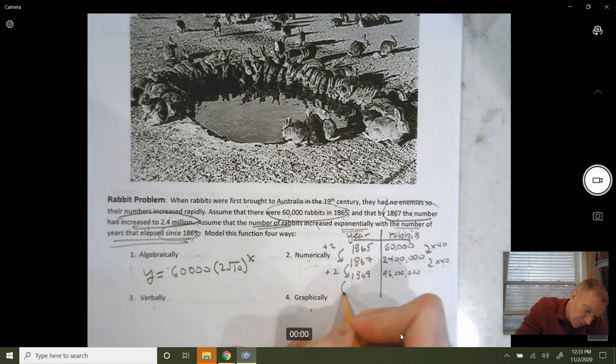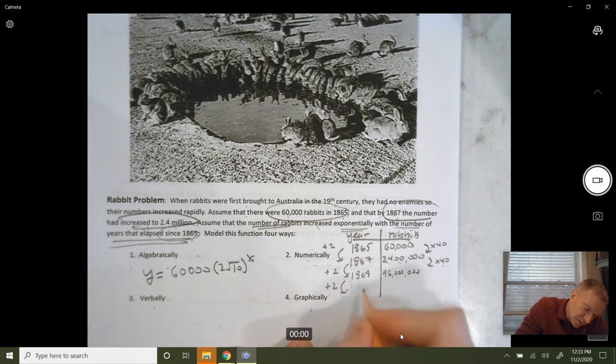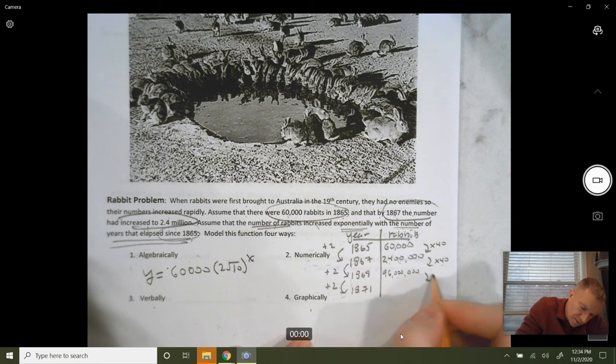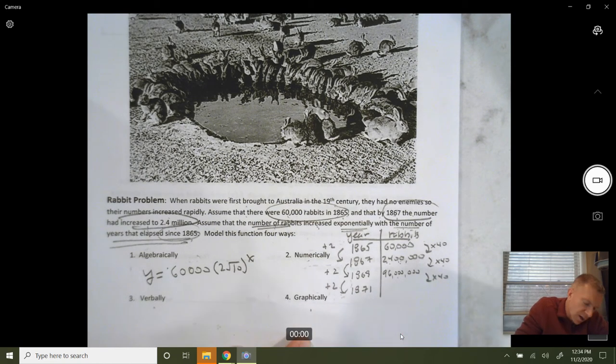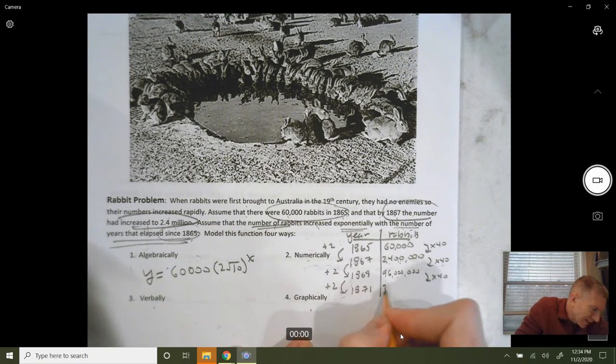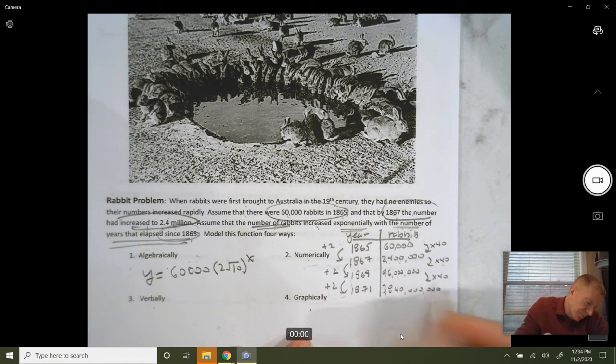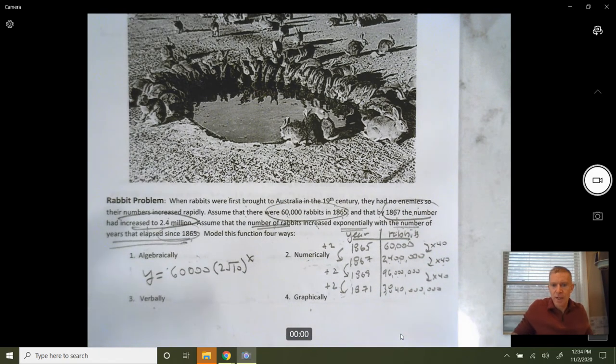Let's just do one more. Plus 2. So that's going to be 1871. Multiply by 40. We're going to run out of space here. We have 3,840,000,000 rabbits. Okay? So there were no enemies. So these grew exponentially. At some point, this can't continue. But while it's growing exponentially, it's following this model.